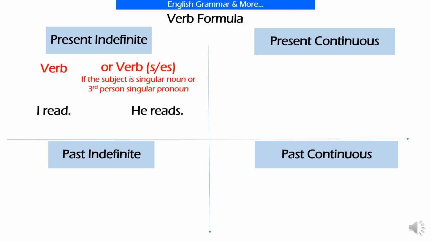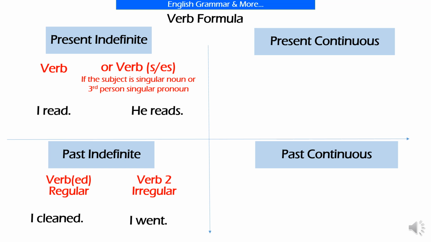For the past indefinite tense form, if the verb is a regular verb, then we add the suffix ed to the end of the verb. However, if the verb is an irregular verb, then in the past indefinite tense form, we use it in its second form. For example, I cleaned, I went.